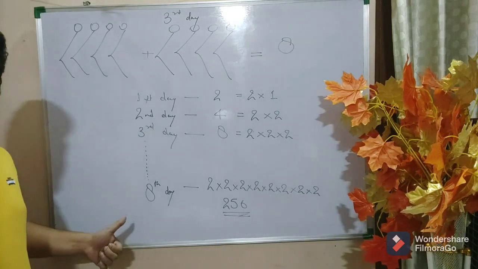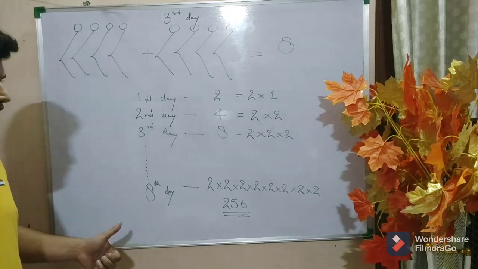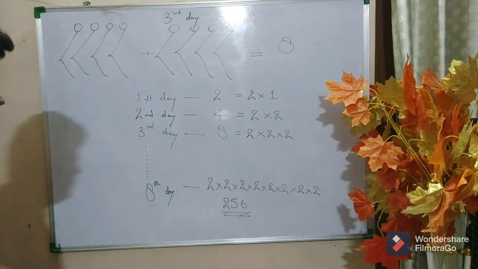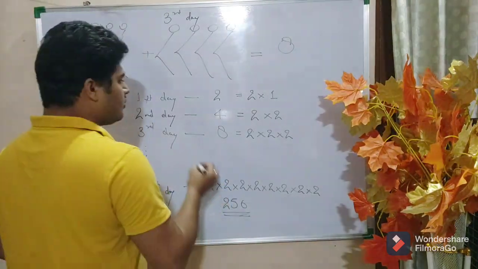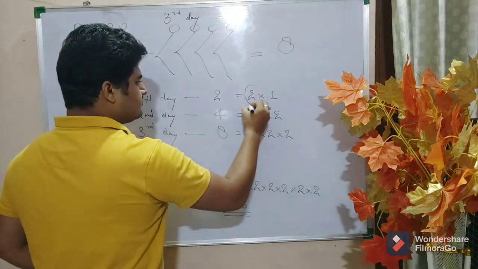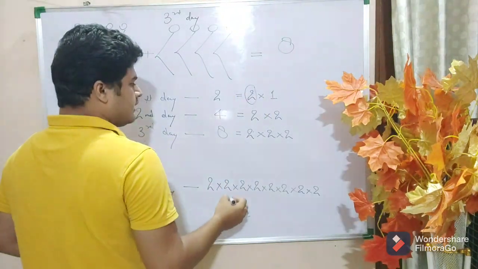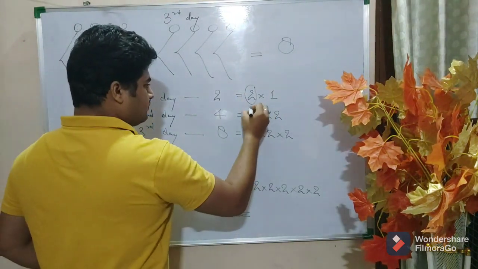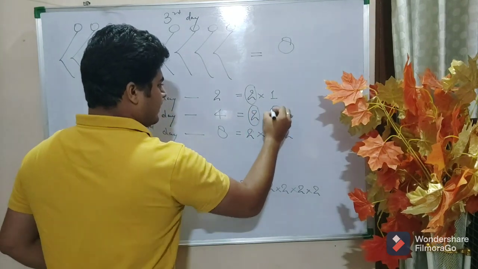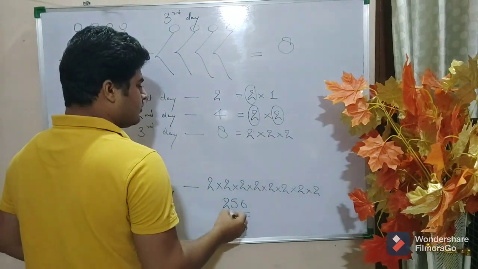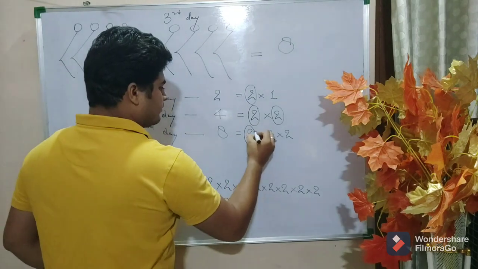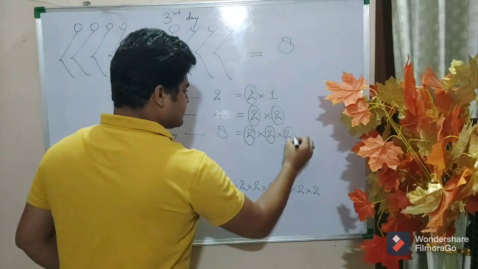But if you had paid attention, what you must have found is that when the number of days was 1, it was a single 2, when the number of days was 2, we were multiplying 2 two times. When the number of days became 3, we were multiplying 2 three times.